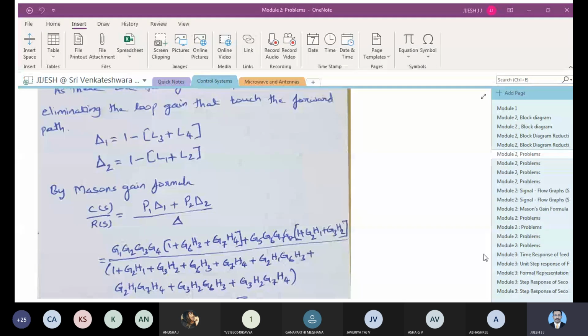So cascading the blocks was the third step, and further on we have to again shift the takeoff point this side, so that you can change the structure of the figure, and combining the two blocks in parallel was then further carried out.